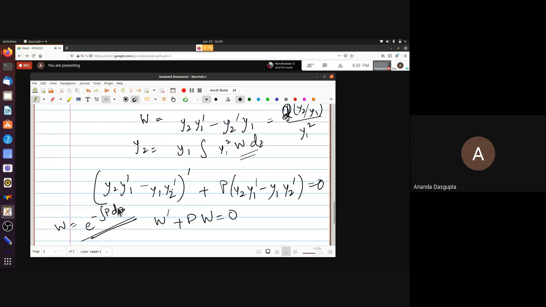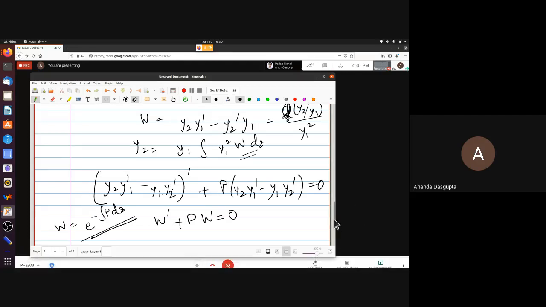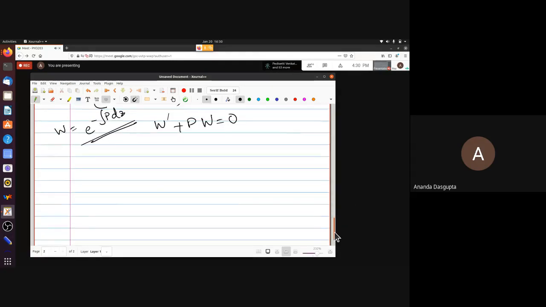So you'll have e to the power minus 1 by z minus z0 at least, if not higher powers. And that is an essentially singular function. And since the Wronskian is essentially singular, even if one solution is regular, the other solution is going to be essentially singular. So that's the reason why p cannot be more than a simple pole.